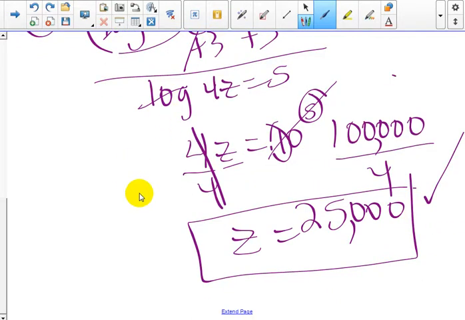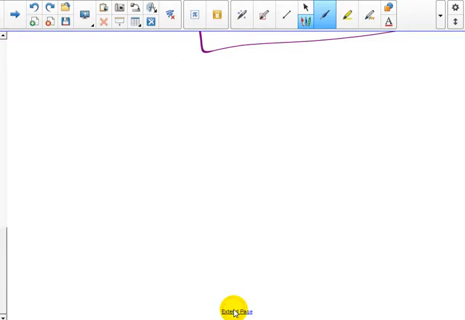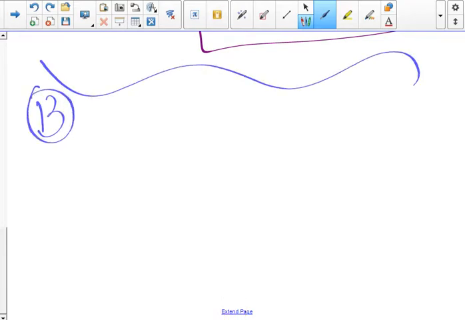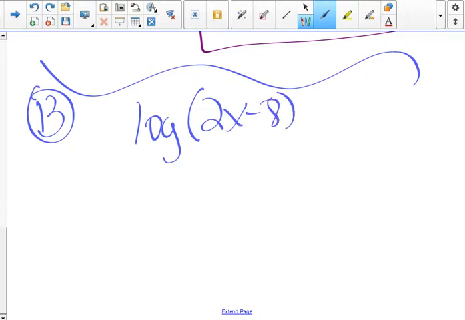And then 13. So 13, you've got log. And now they use the parentheses, so watch those parentheses, very important. All right, just the tiniest little thing means so much. So now we're going to do that first, right?